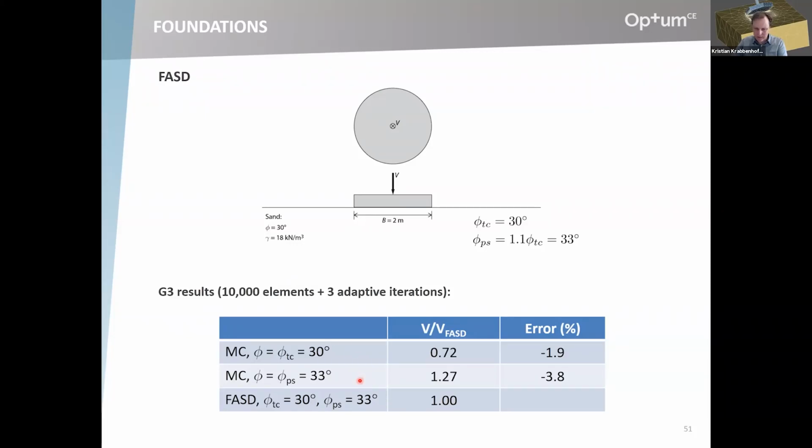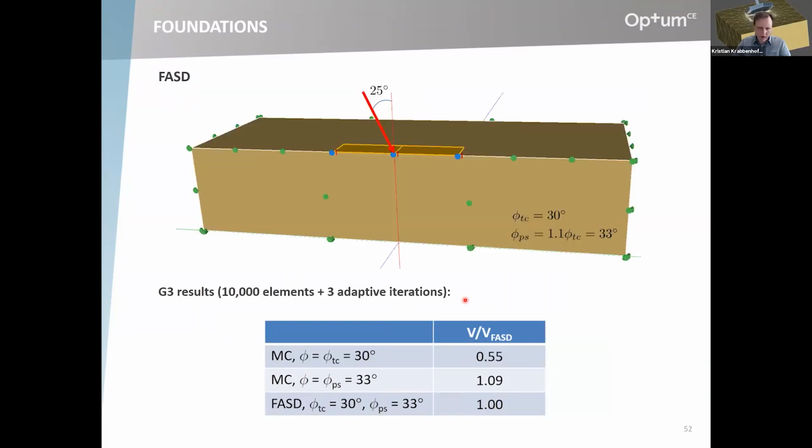The FASD model resolves that issue. The errors here, just to show that there is Chris Martin's ABC, and there's Optum G2 as well, where you can get these results pretty much exactly. And just to show you, these are typical errors in the Mohr-Coulomb calculations, 10,000 elements and 3 adaptive iterations. Of course, with 20,000, it would be even less, but quite small errors.